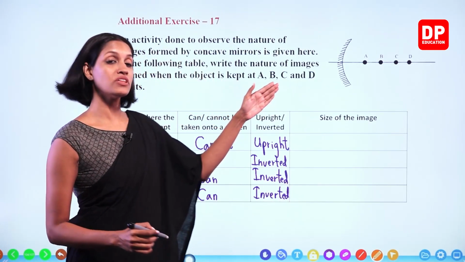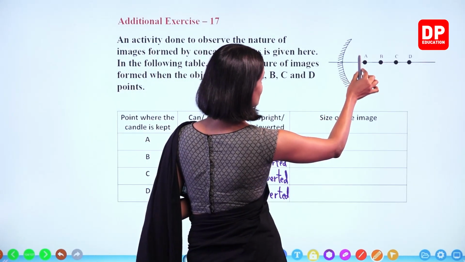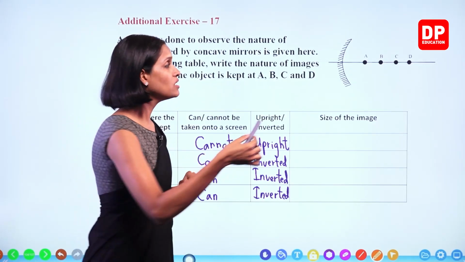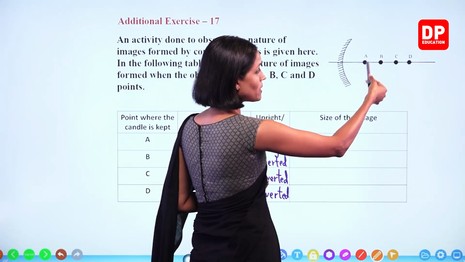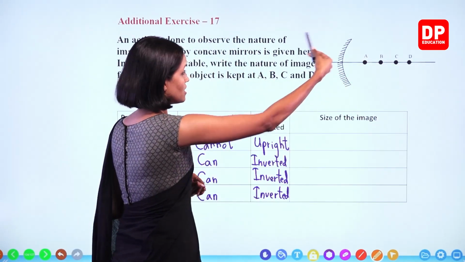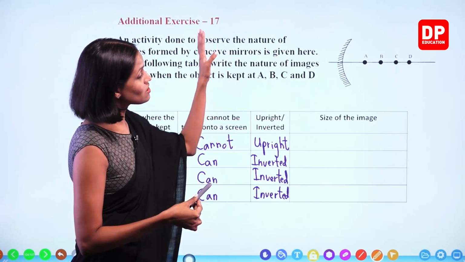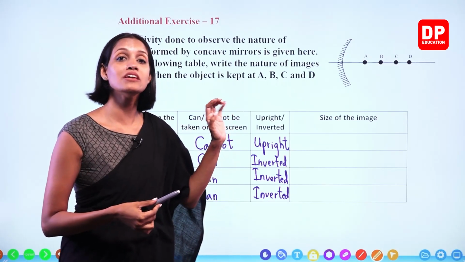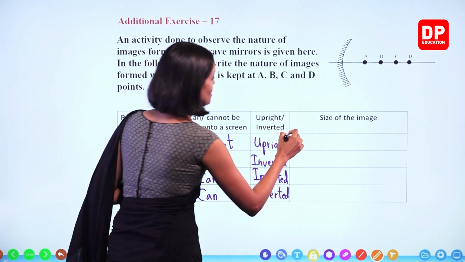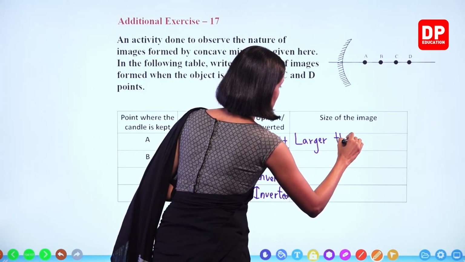What about the size of the image? The first 2 instances, when we place the object at A and B, the images formed were larger than the object. What about C, children? When we place the object at C, the image formed was similar to the object, right? What about D? When we place the object at D, what happened, children? The image formed was smaller than the object, right? So here, larger than the object.